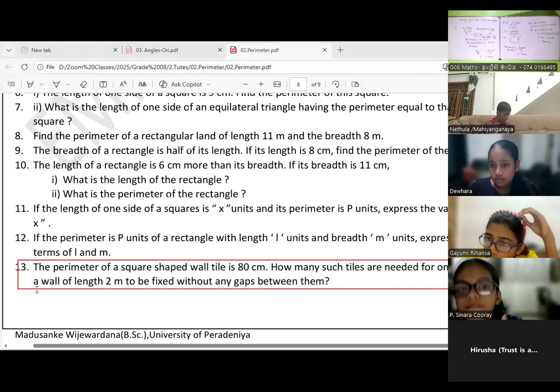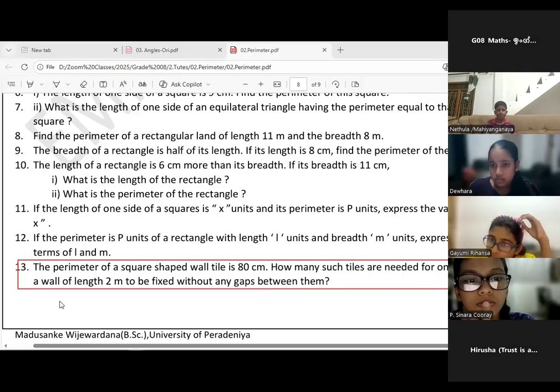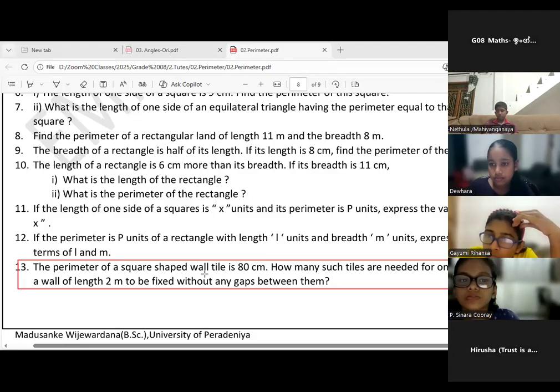I am going to read it. First of all, I am going to highlight the keywords, the key points we have to extract. The perimeter of a square shaped wall tile.